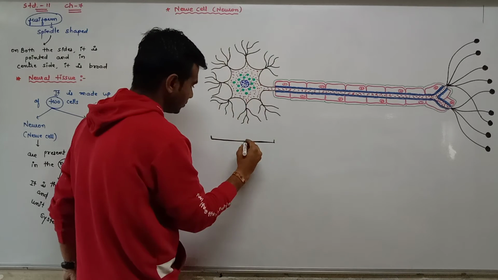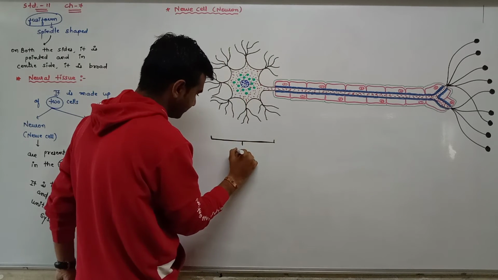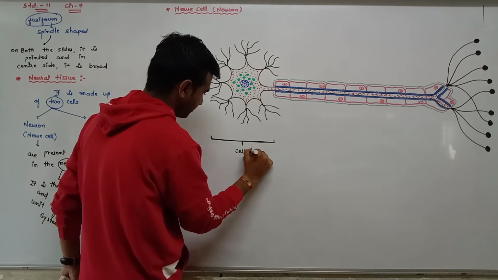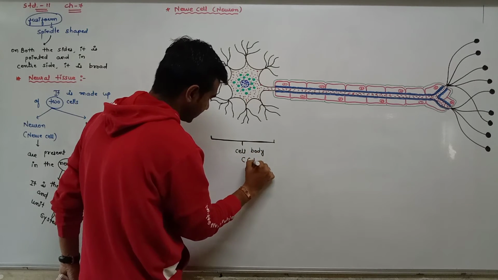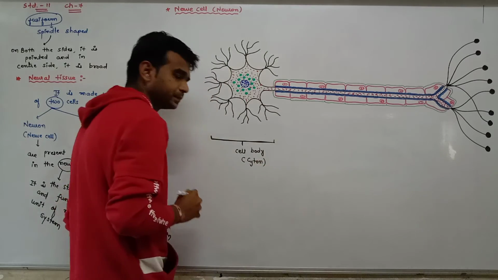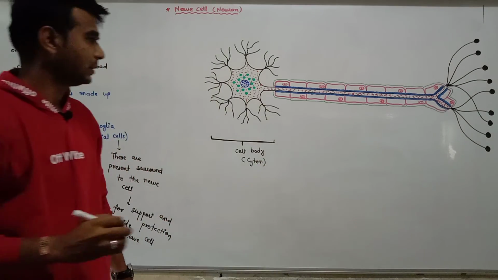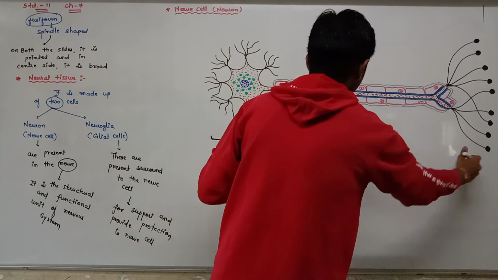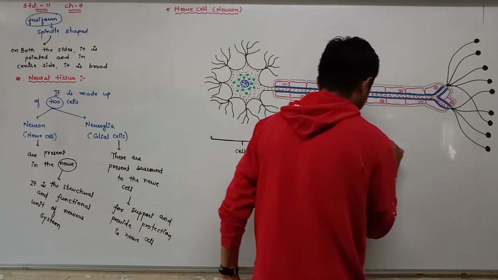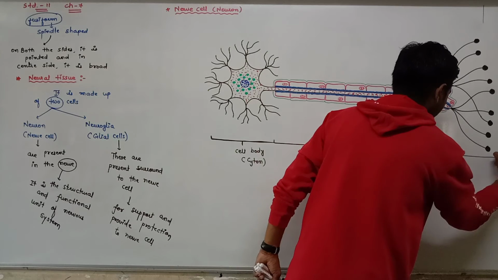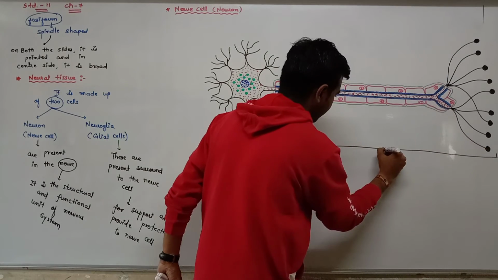This region is known as the cell body, or you say cytone. And the remaining portion is known as nerve fiber.